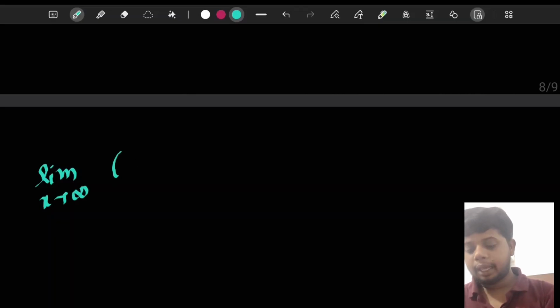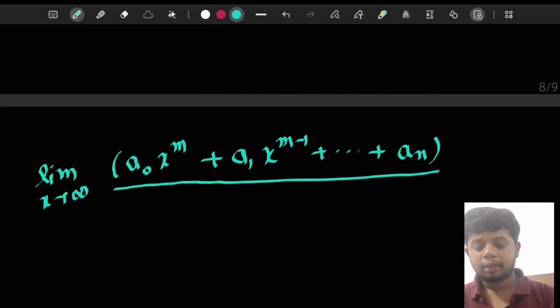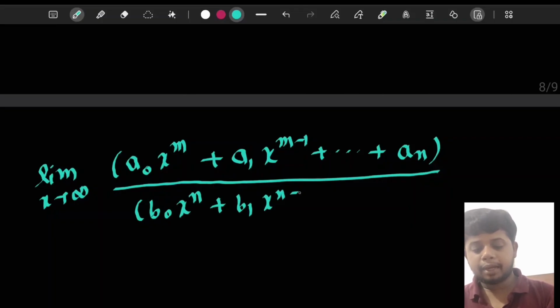Here I'm writing the polynomial a0 x power m plus a1 x power m minus 1 plus dot dot a n, divided by b0 x power n plus b1 x power n minus 1 plus dot dot bn.